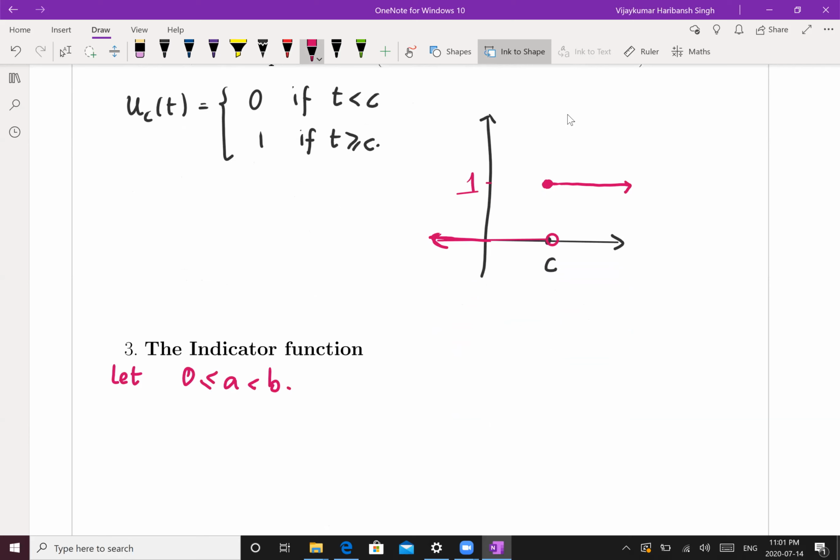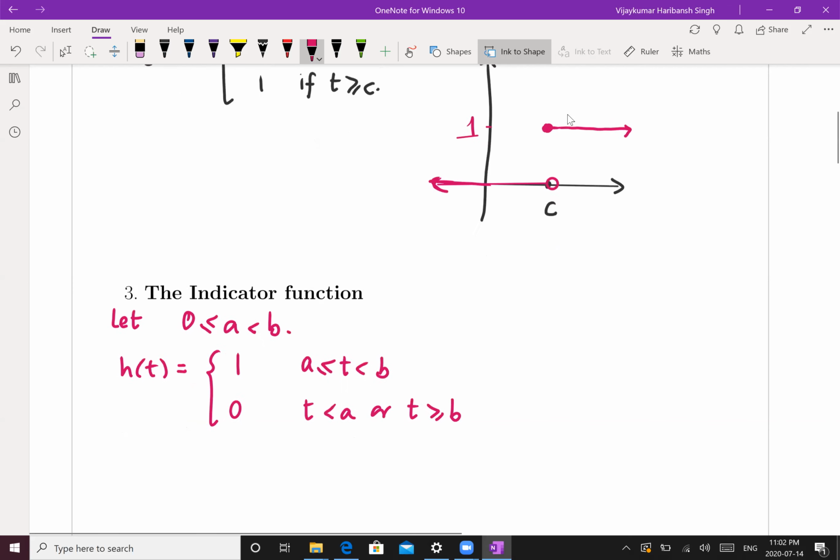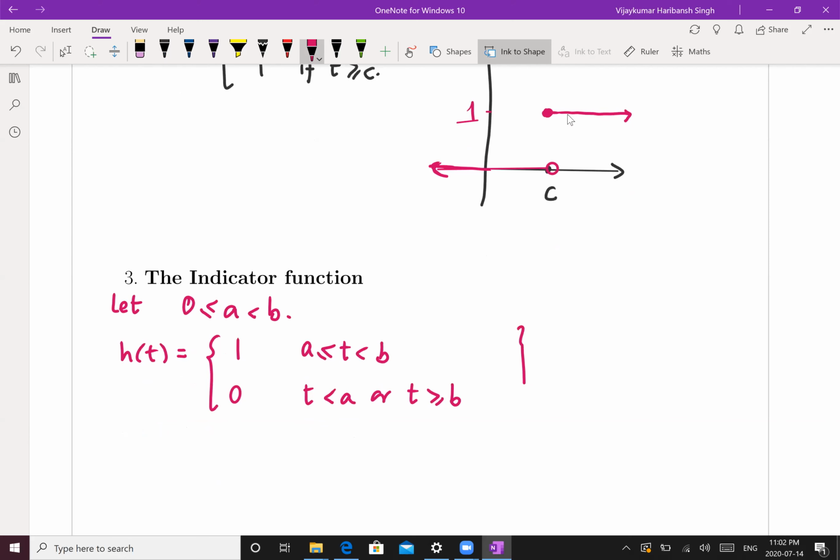Then h of t is 1 if t lies in the interval from a to b, and 0 otherwise, that is, if t is less than a or t is greater than or equal to b.